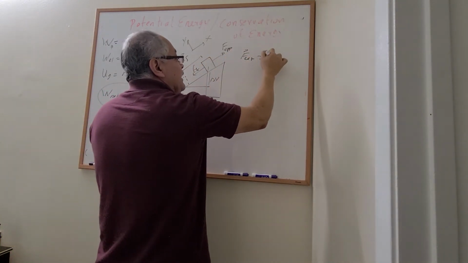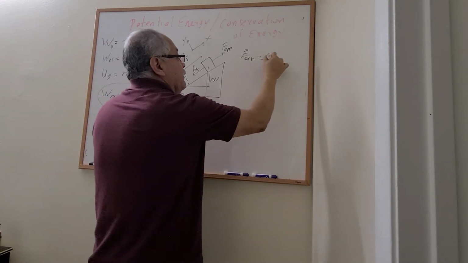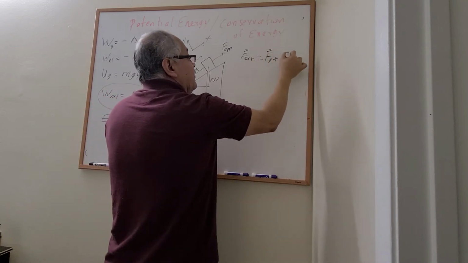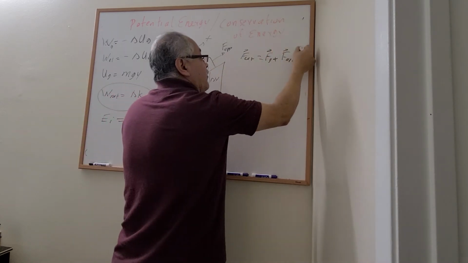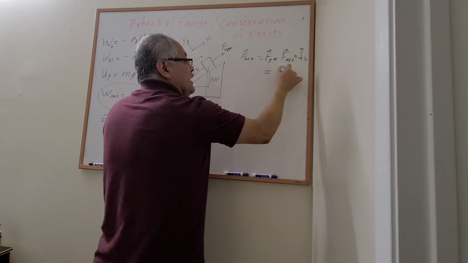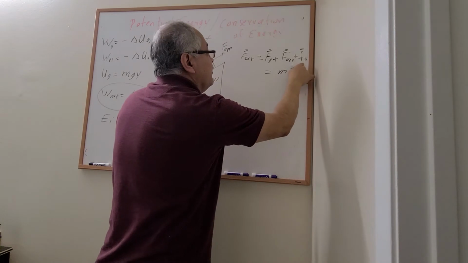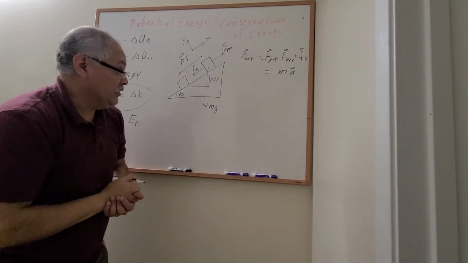The force done by gravity, as a vector, plus the applied force, plus the frictional force, must be equal to mass times the acceleration.